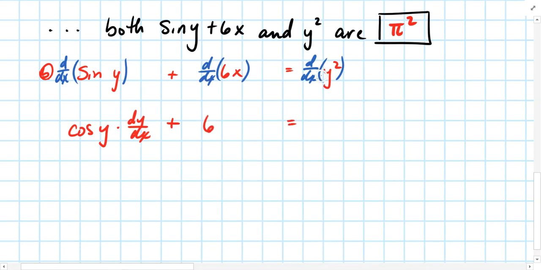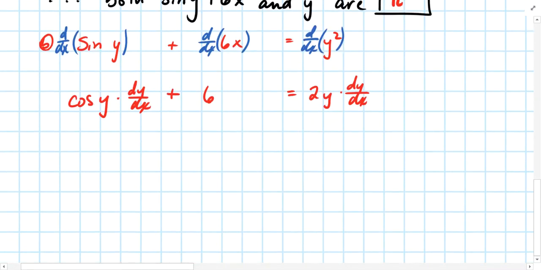And then lastly, the derivative of y squared in terms of x would be 2y times our differential dy/dx. We're multiplying by that differential because the variable of the function is different than the variable of our differential. So now we just need to do the math in order to isolate dy/dx.